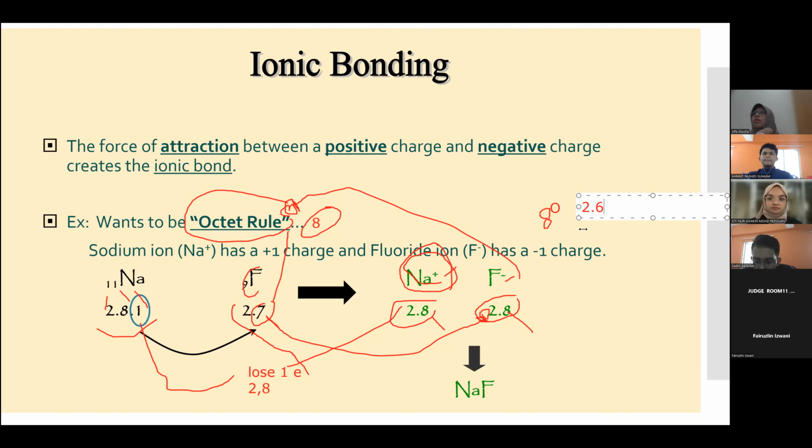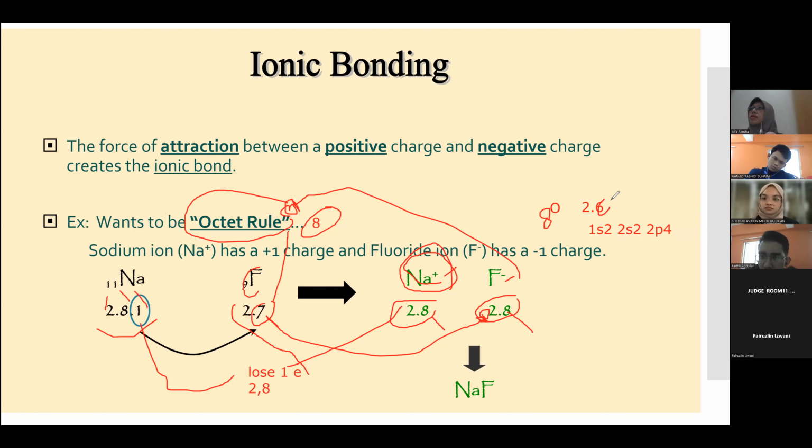Or maybe you can write it as 1s2, 2s2, 2p4. To be complete, to be stable, they have to have a configuration with 8 electrons in the valence shell.